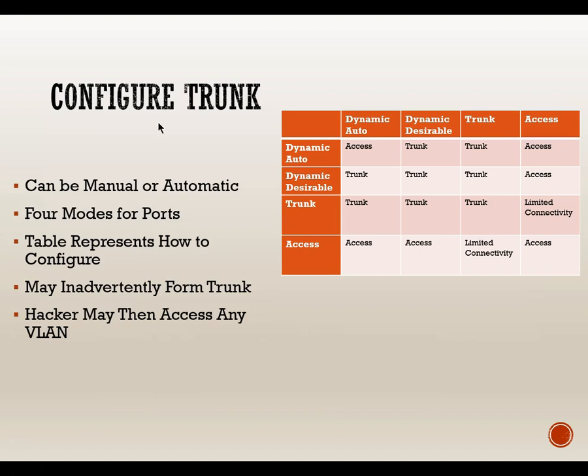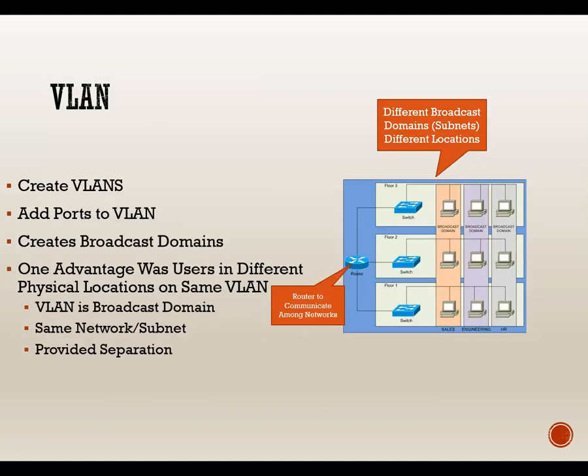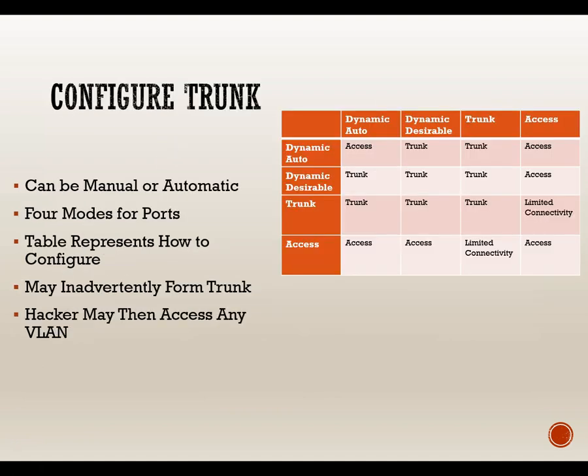A trunk port is a port that allows all of the VLANs. I'm just going back, we haven't gotten there, but we said that earlier with the ones that had the little colors on it. So if I had a switch here, and I had VLAN 3, VLAN 4, VLAN 3, VLAN 4, VLAN 5, it doesn't really matter how many we have.